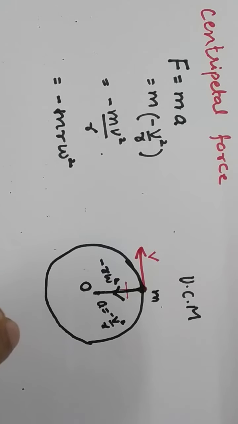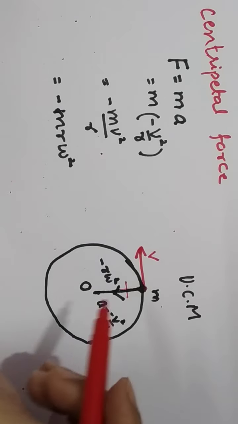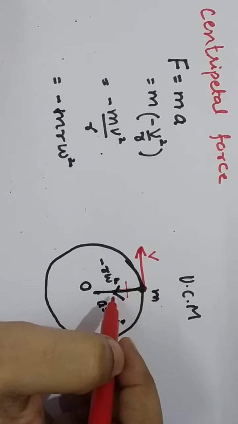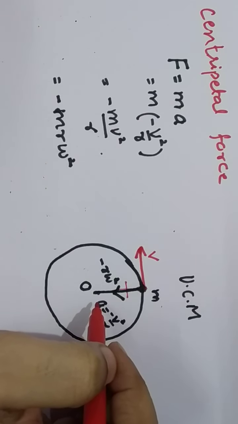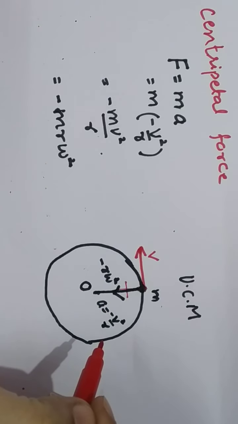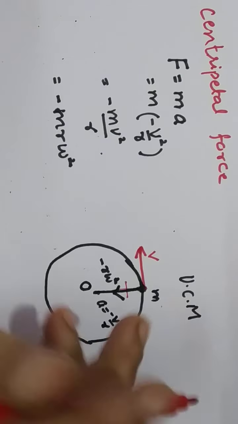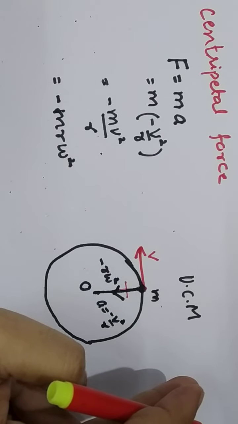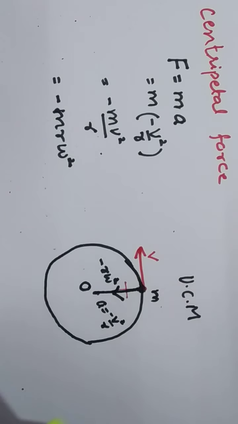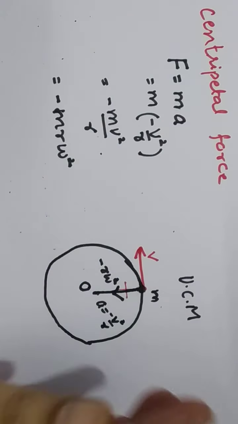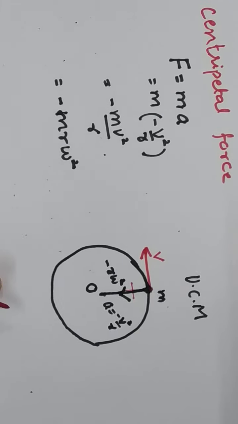So you got the concept of centripetal force, the force which is directed along the radius towards the center of a circle, and it is necessary for the maintenance of circular motion. If centripetal force is not there, circular motion will not be possible. Any example of centripetal force?